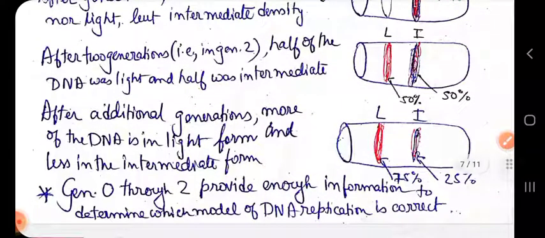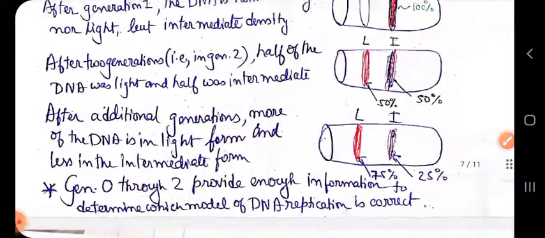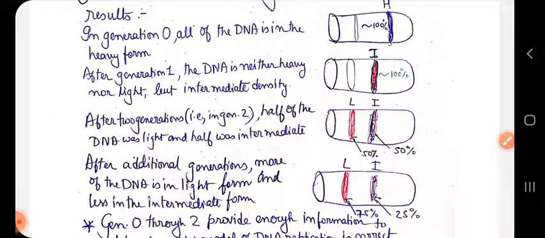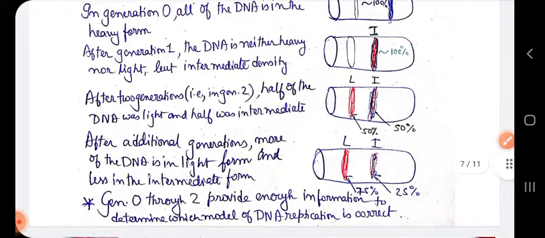After additional generations, you will see more and more DNA located in the light form and less in the intermediate form. If you see this experiment, from generation 0 to generation 2, it provides enough information to determine which model of DNA replication is correct.